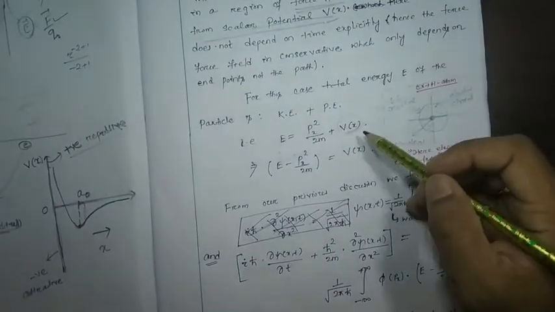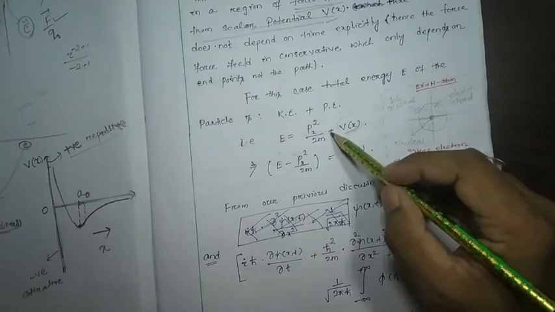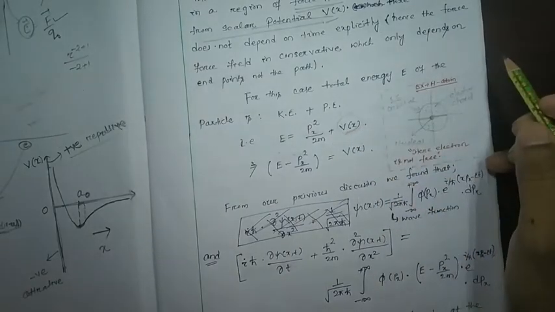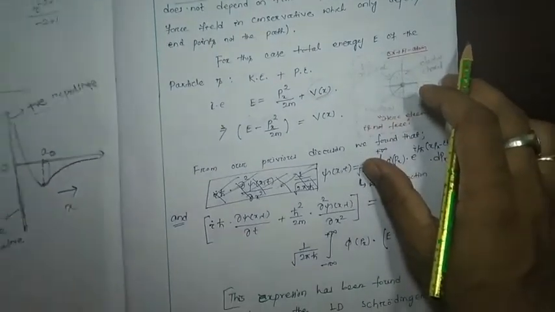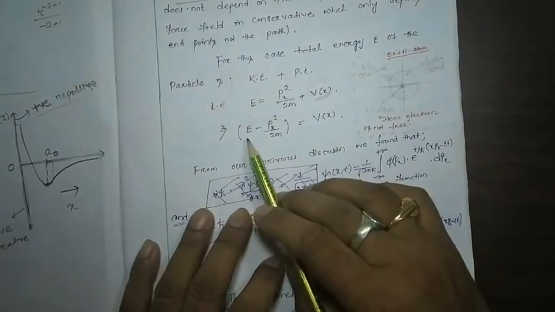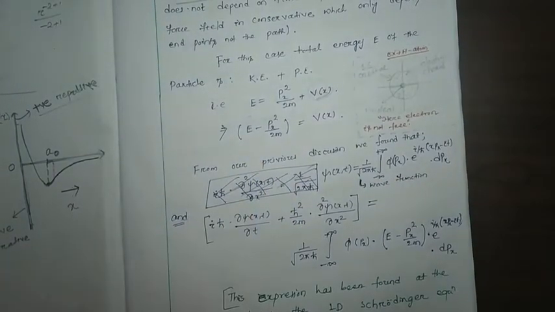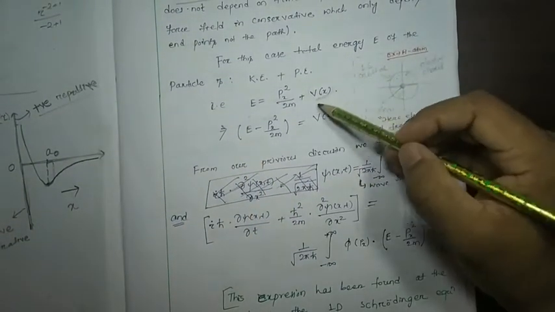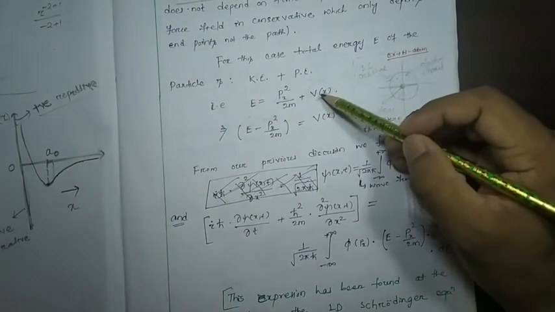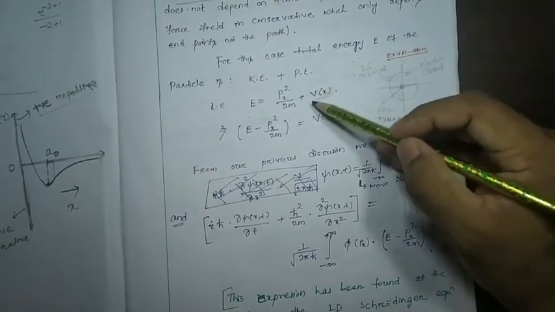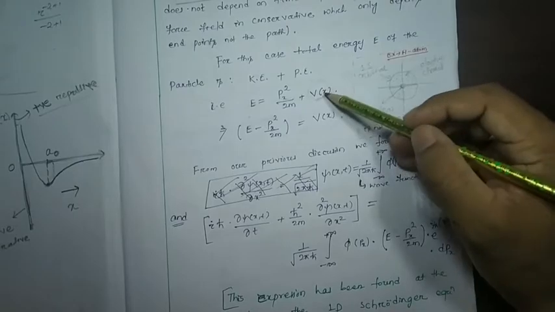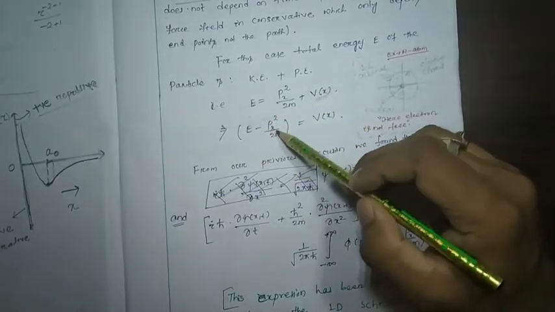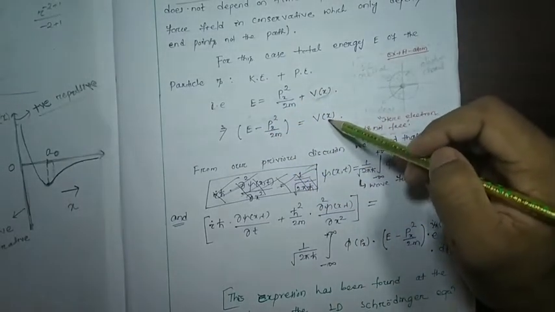Here we have considered in general plus V(x); in future this V(x) can be positive or negative, but in general here we have taken it as positive. So this will be E minus px square by 2m equal to V(x).